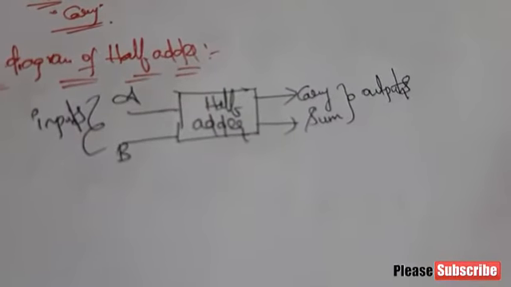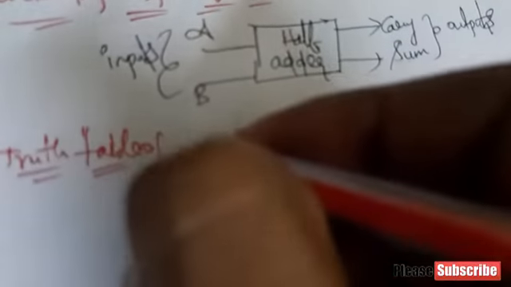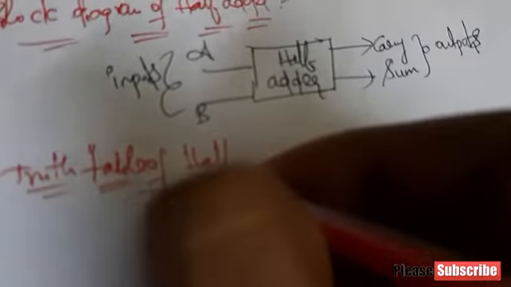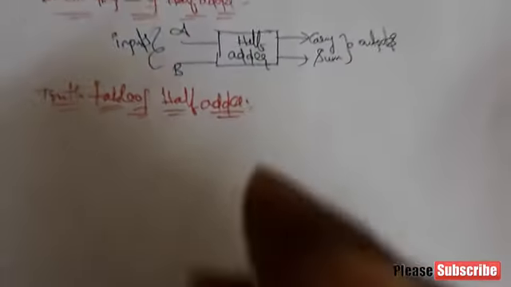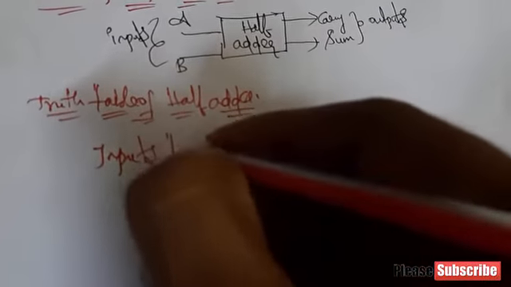Let's see the truth table of half adder. First of all, you have to take the inputs. Next, outputs.